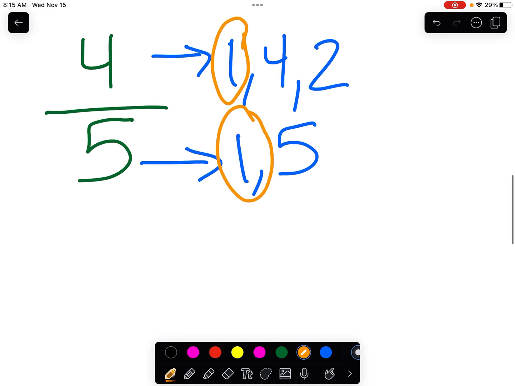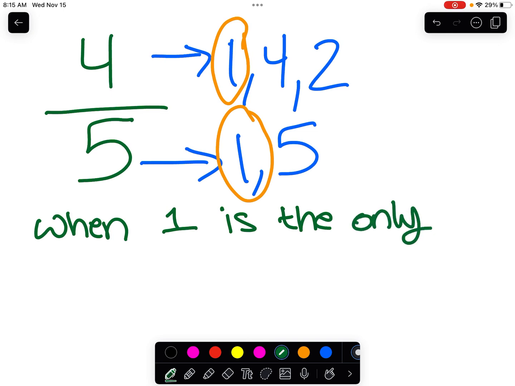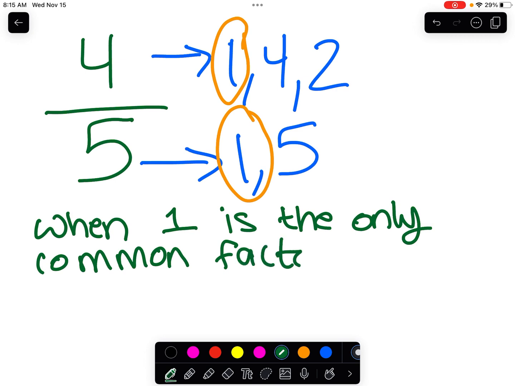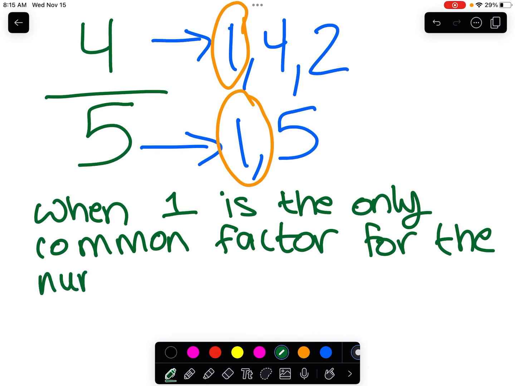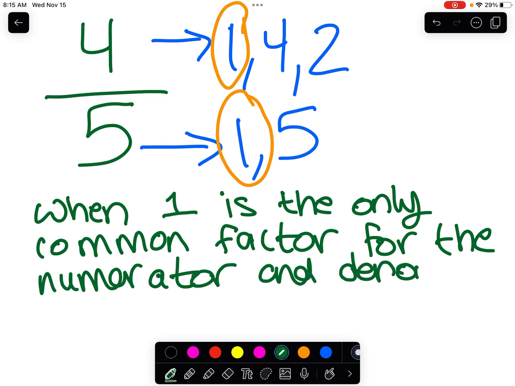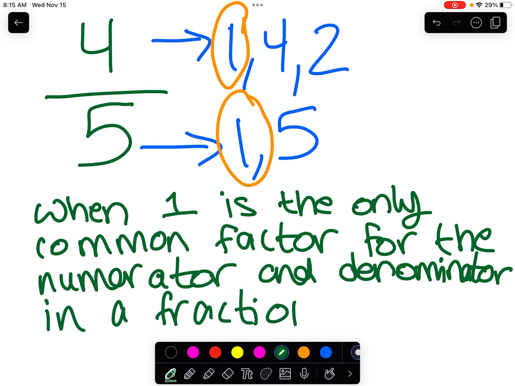When 1 is the only common factor for the numerator and denominator in a fraction, it is reduced as much as it can be.